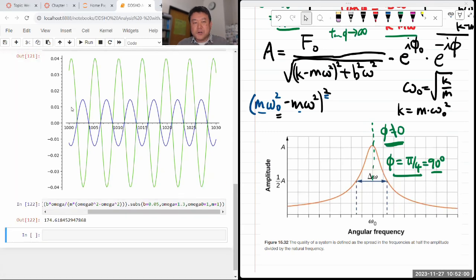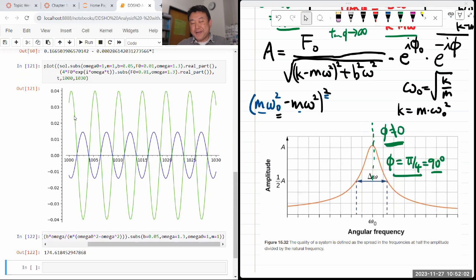Now that I see it numerically, it doesn't sound surprising, but I think most of us wouldn't have an intuitive feel for how a driven oscillator behaves. It's one of the interesting setups where it does things that you wouldn't always expect.